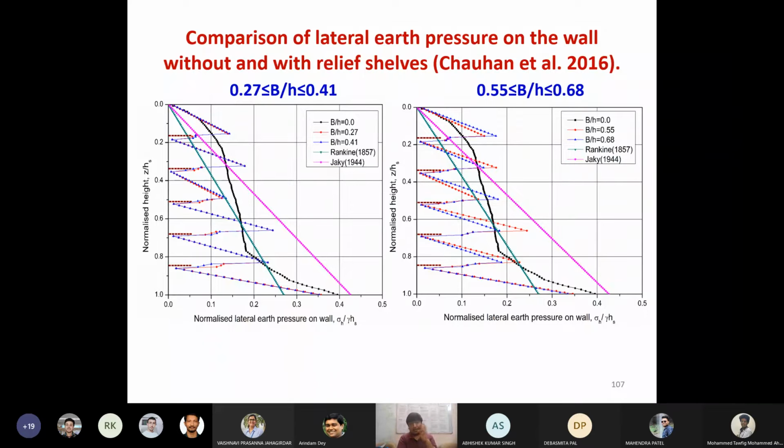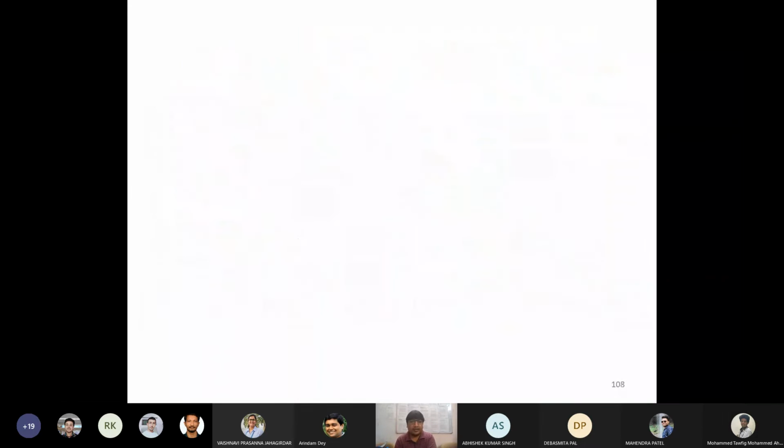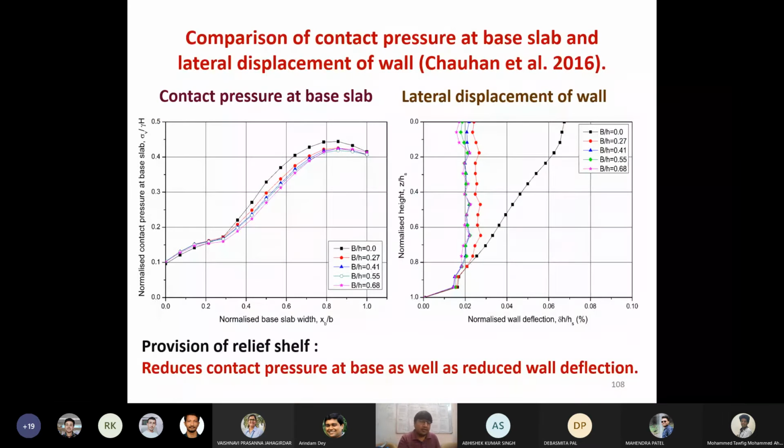One point has to be mentioned: in earlier cases this wall was a non-yielding wall, and here this particular one is a yielding wall. Now, an important thing, you can see that the contact pressure at the base has also changed. This black line is the contact pressure at the base slab without the relief shell, and with the introduction of the relief shell, the base pressure has also reduced, even if marginally. This leads to a situation where you can reduce the size of your base slab.